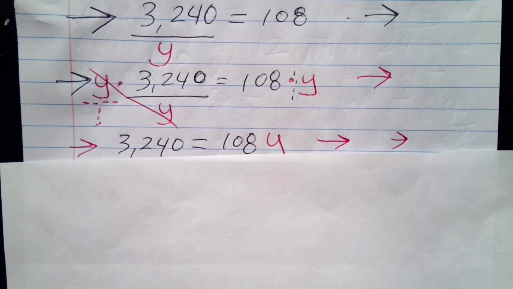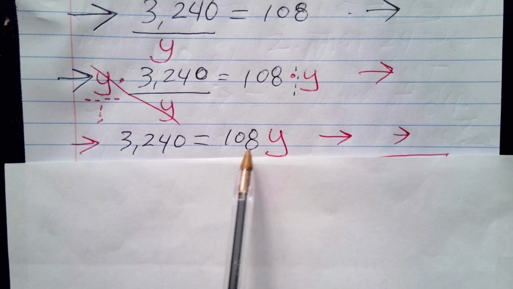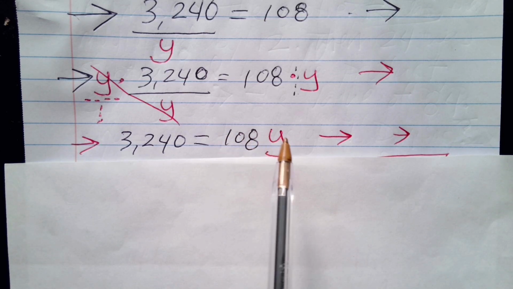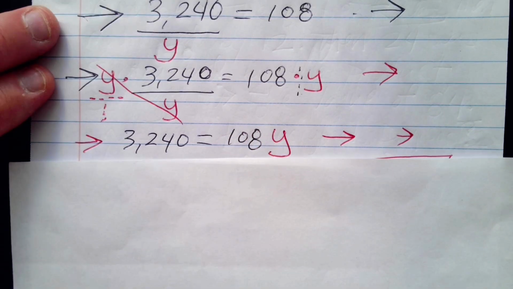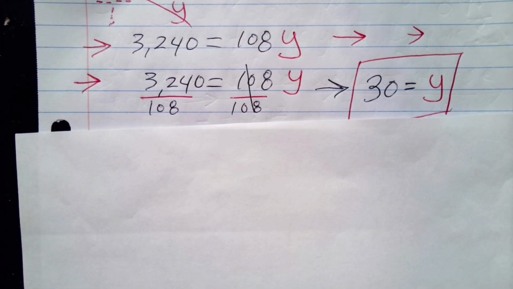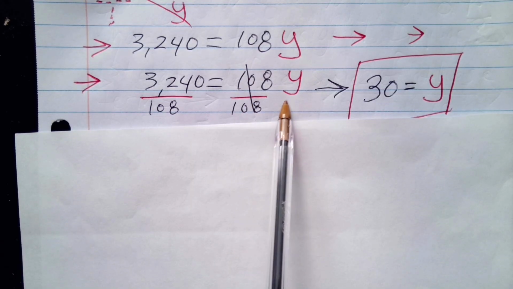So now I'm one step away from solving the problem. I want to get y by itself. So I do the opposite of what's shown. Right now it's showing multiplication, 108 times y, so you do the opposite, which is to divide 108 to both sides. And I'm showing you that here. 108 over 108 is the 1 I talked about, the 1y.